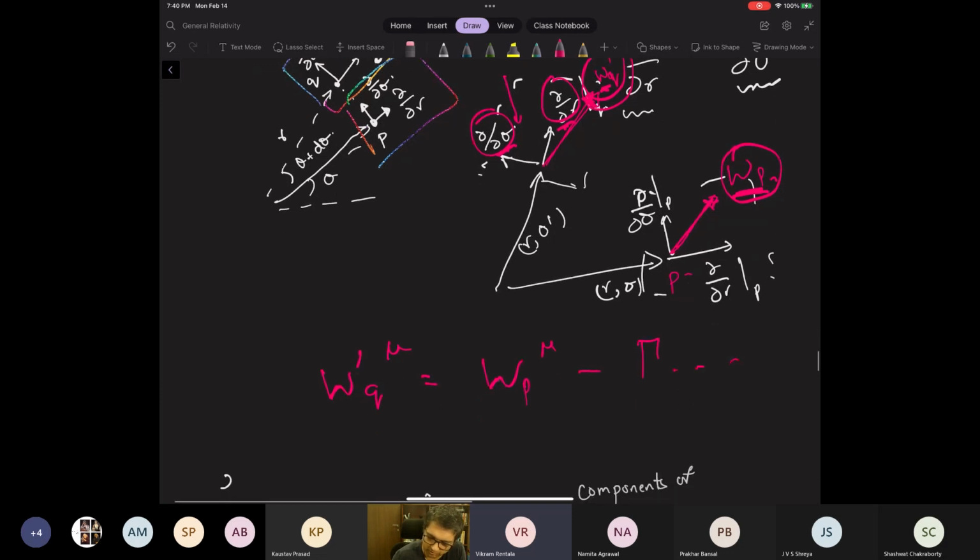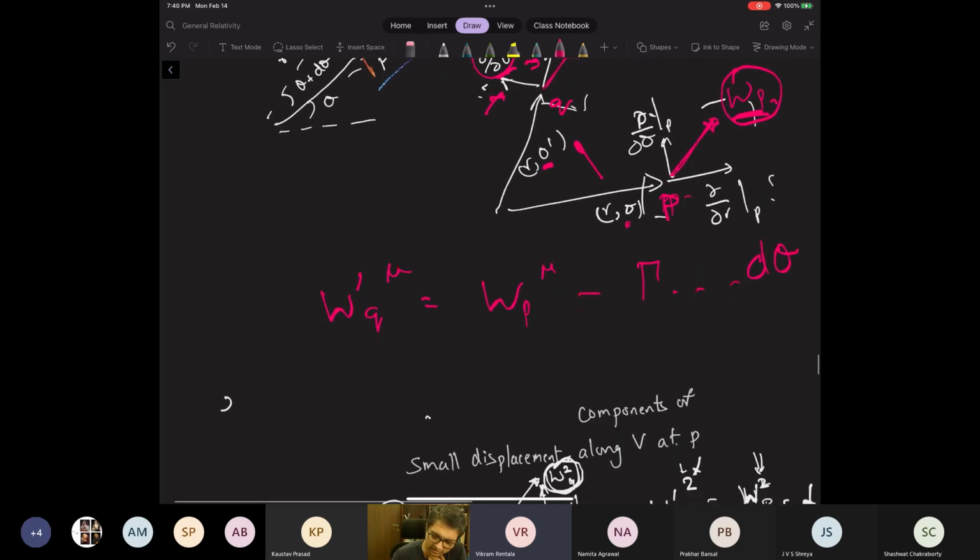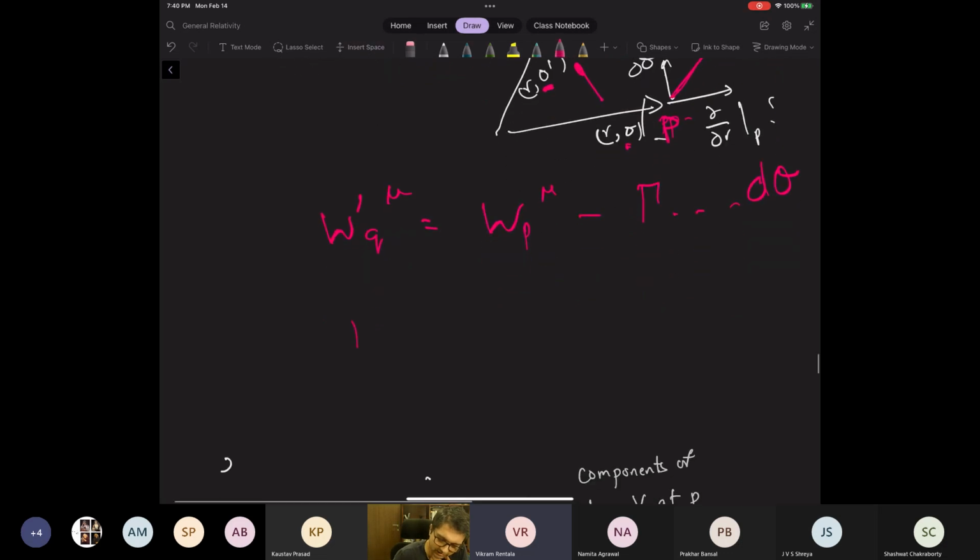And you can understand what those corrections are. Those corrections involve the fact that these are rotated, and for small angles of rotation, that is, if theta prime minus theta is small, then it should just be proportional to something like d theta, which is the displacement from point P to point Q. And also, since it's a rotation, roughly speaking, you'll have things like W prime in the theta direction and W prime in the R direction.